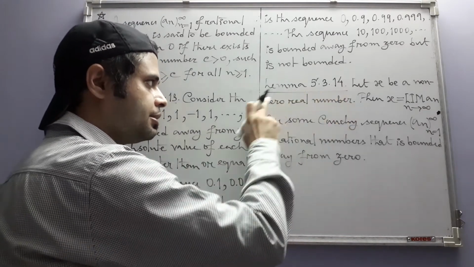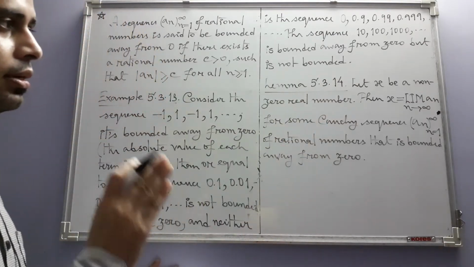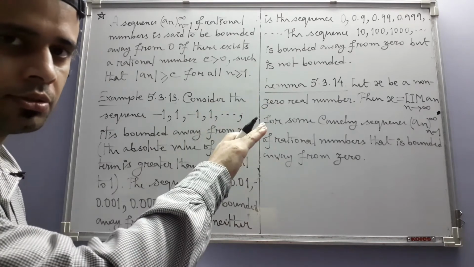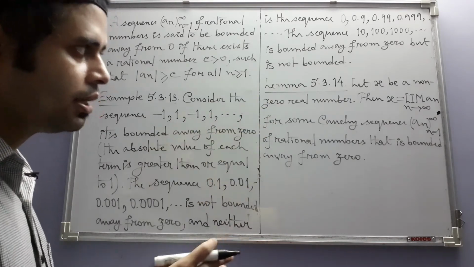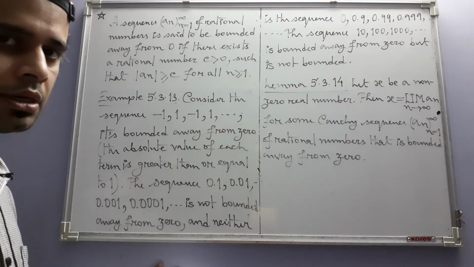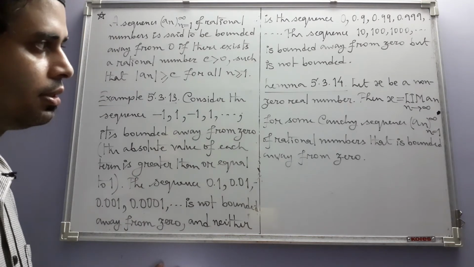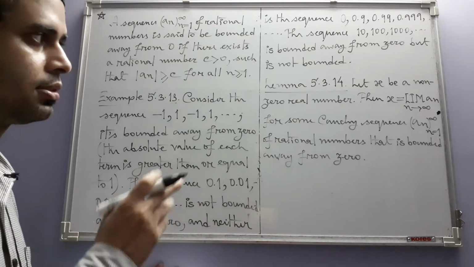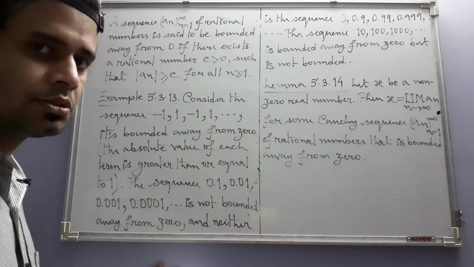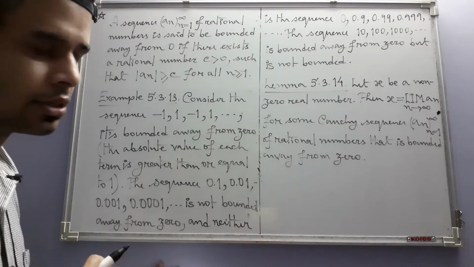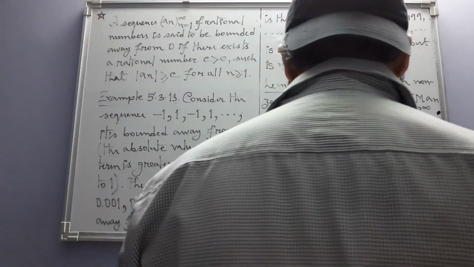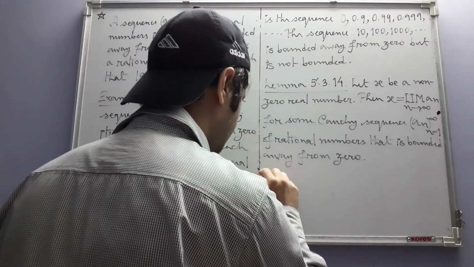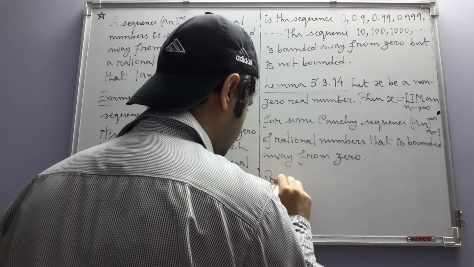But if x is non-zero, then you will get a Cauchy sequence which may not be the original Cauchy sequence used to define x, but it will be a Cauchy sequence of rational numbers that is bounded away from 0, and in fact its formal limit is also equal to x. In other words, this new sequence will be equivalent to the old Cauchy sequence. So such a sequence always exists for every non-zero real number. That we need to now prove.